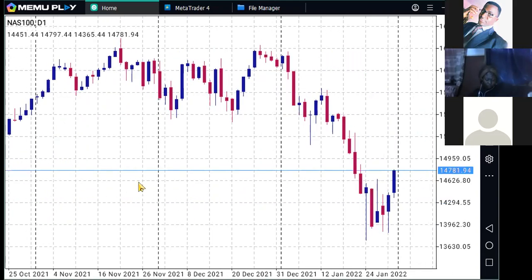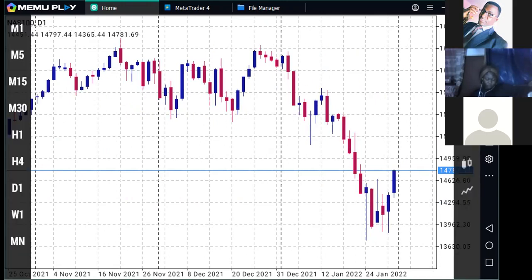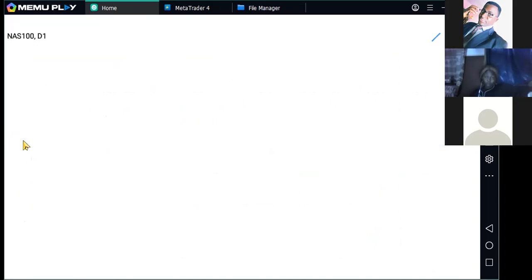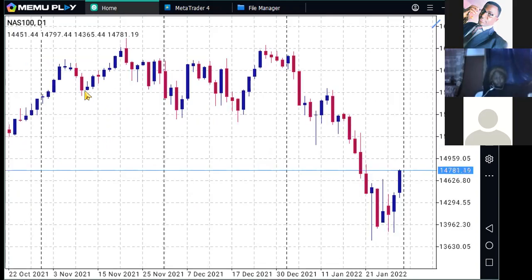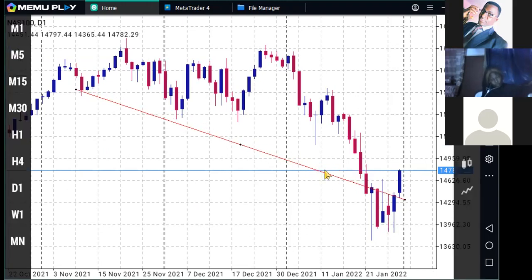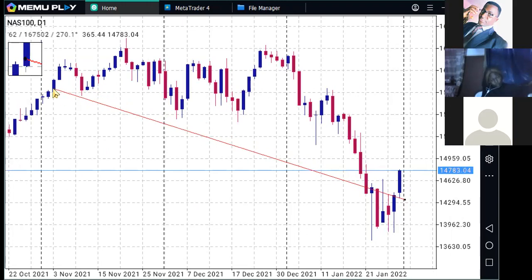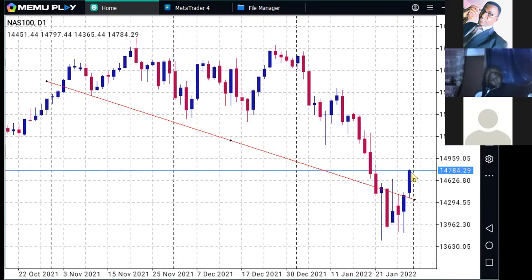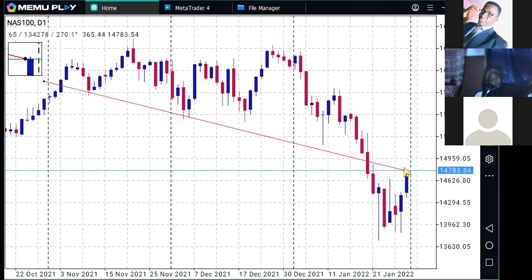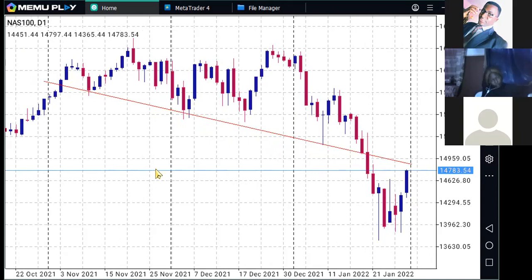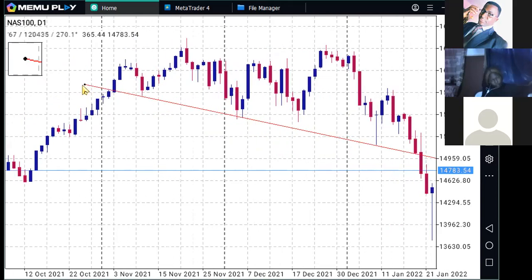Okay, so this is NAS 100. What I want is to look at what is happening here. At most, I want to see that I have this line placed together to give me some valid touches here.